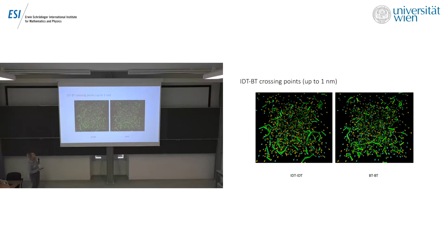because our view is that the charges move rapidly along the polymer chains until they come to a point where the chains come close together, and at that point, they've got a relatively much higher probability of interchain transport.